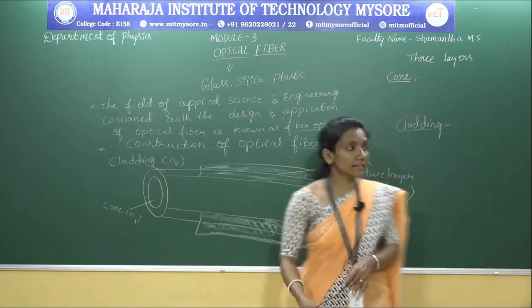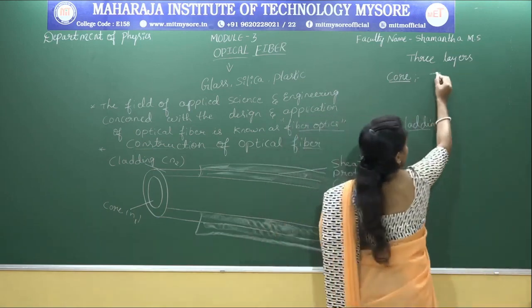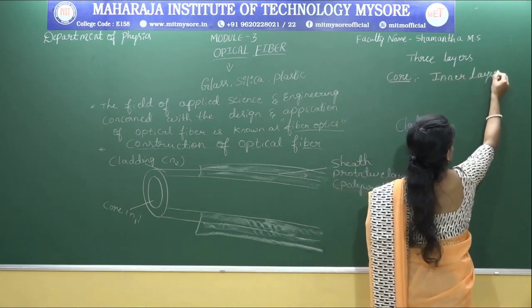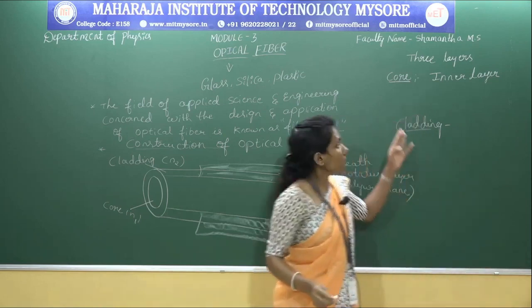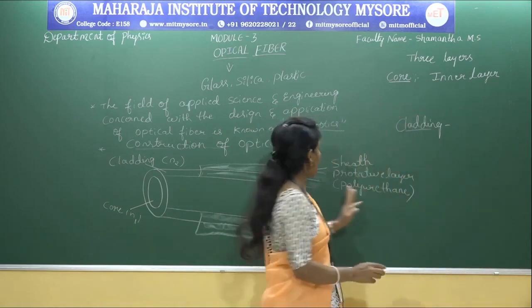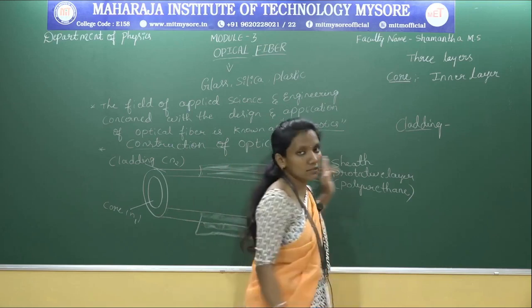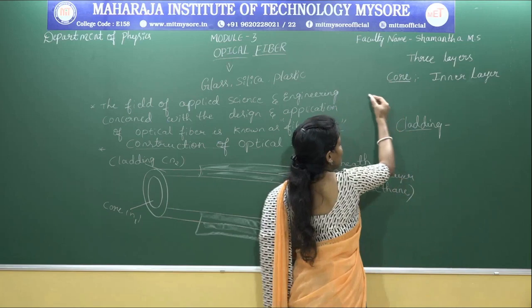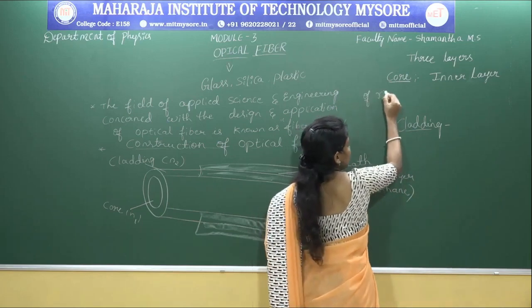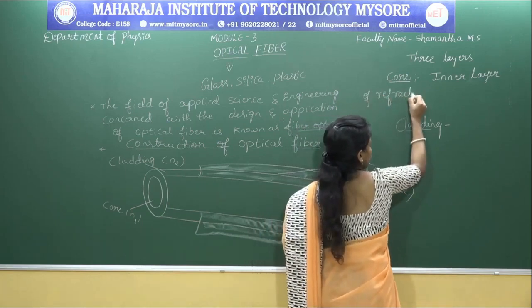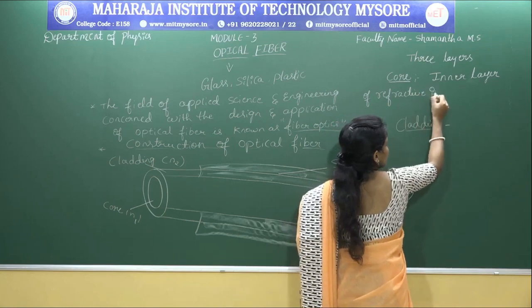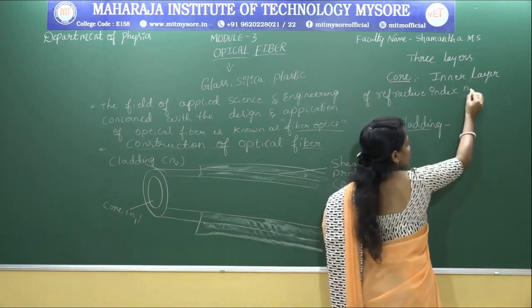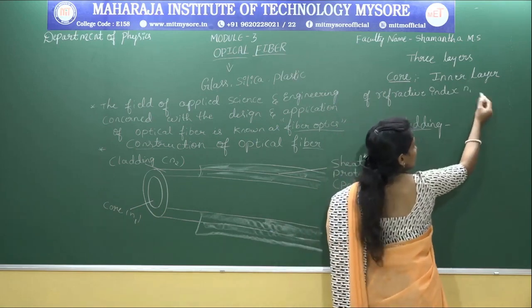So, core is the inner layer. It is made up of refractive index N1, that is the denser medium.